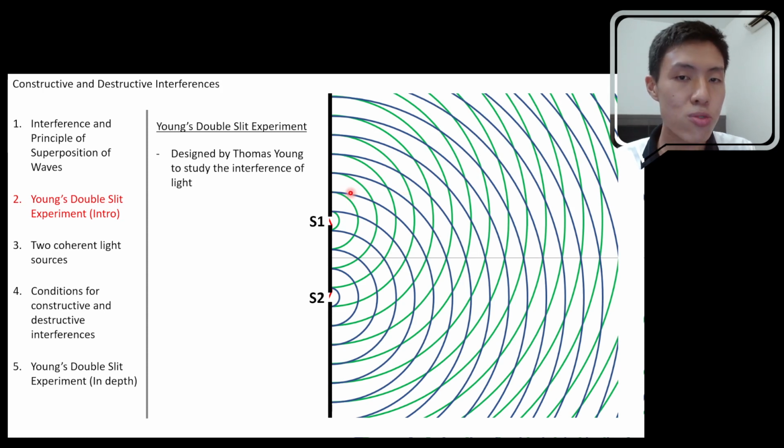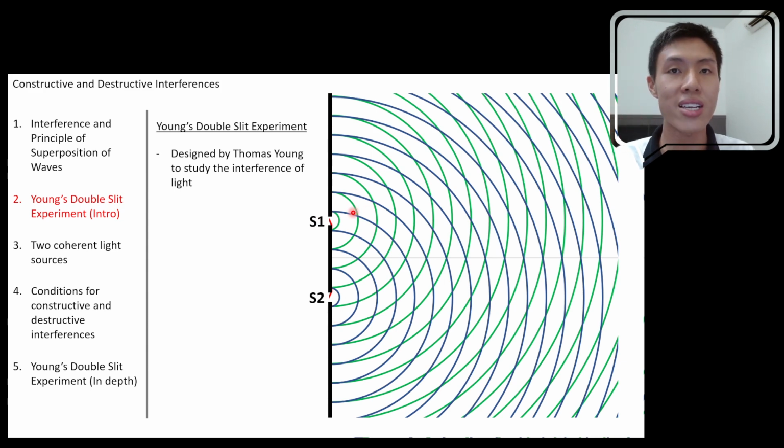Here I'm drawing the two waves in green and blue. It doesn't mean that the light emerging from slit 1 is green light and the light emerging from source 2 is blue light. That is not true. I'm using different colors just to differentiate that green is the light emerging from source 1, whereas blue is the light emerging from source 2.